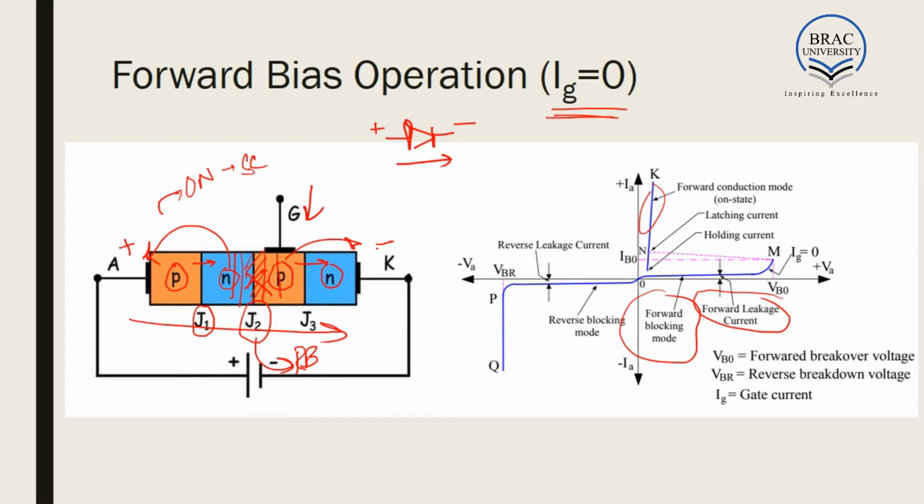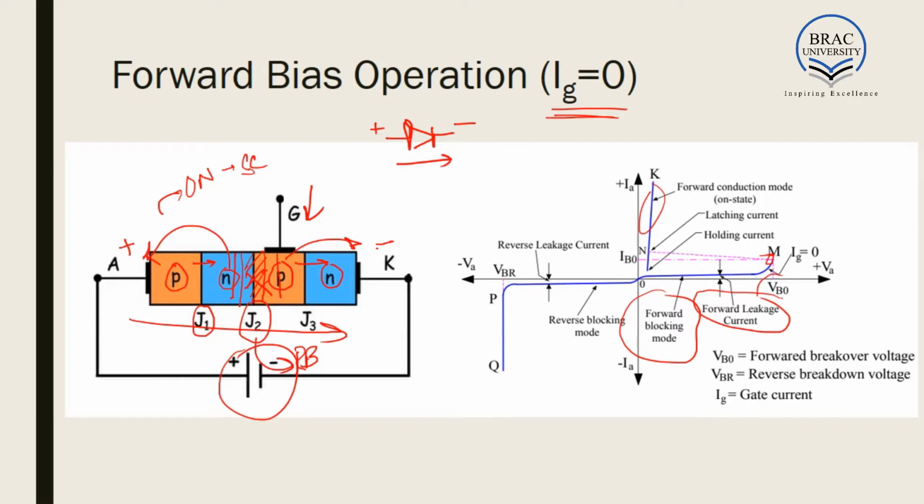Now let us closely look at the IV characteristics. So at first, when this voltage is low, the amount of current is very low, and which is called forward leakage current, and as we keep on increasing this voltage, leakage current increases gradually, and when we increase the voltage to a certain point, it goes into breakover.